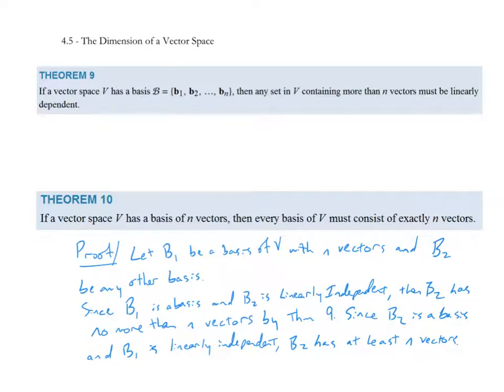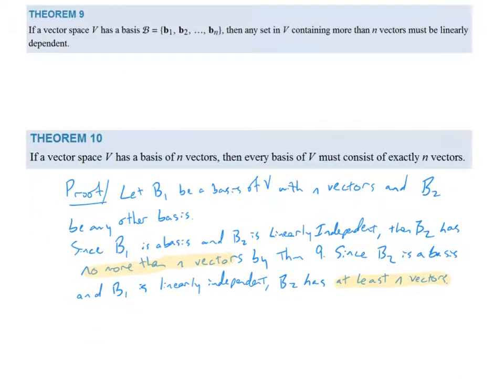Again, if you need to, pause the video, think about that for a minute. Why does that make sense? But then you put those two pieces together, that B2 has no more than n vectors and B2 has at least n vectors. If you combine no more than and at least, you get the conclusion of the proof.